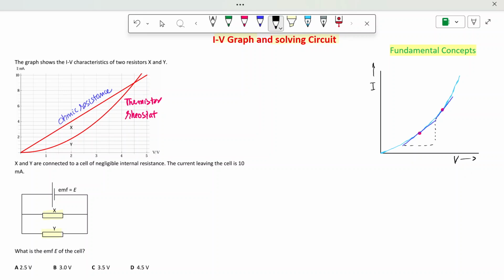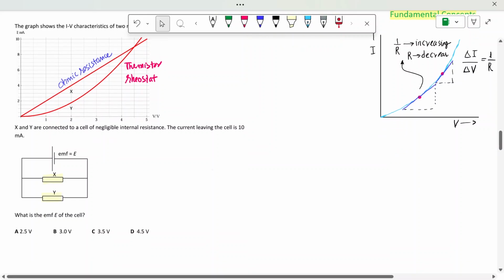The rise over run, which is delta I over delta V, is the gradient of this graph, and according to Ohm's law, that equals 1 over R. For this type of curve, the gradient 1 over R is increasing, which means that R will be decreasing. So this curve shows that the resistance of the circuit is decreasing.